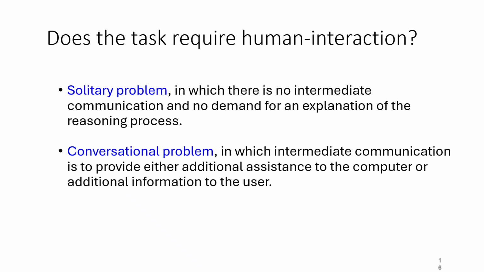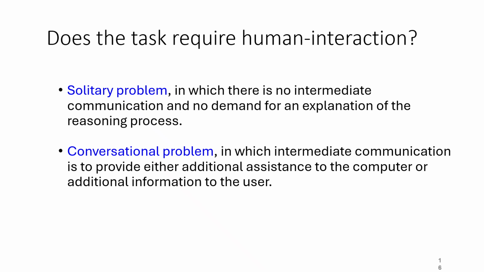The next problem characteristic is whether the task requires human interaction. That determines whether the system solves the problem autonomously or interacts with the user. There are two types of problem, non-interactive and interactive. The first one is the non-interactive problem. The best example is solitaire, in which there is no intermediate communication and no demand for an explanation of the reasoning process.